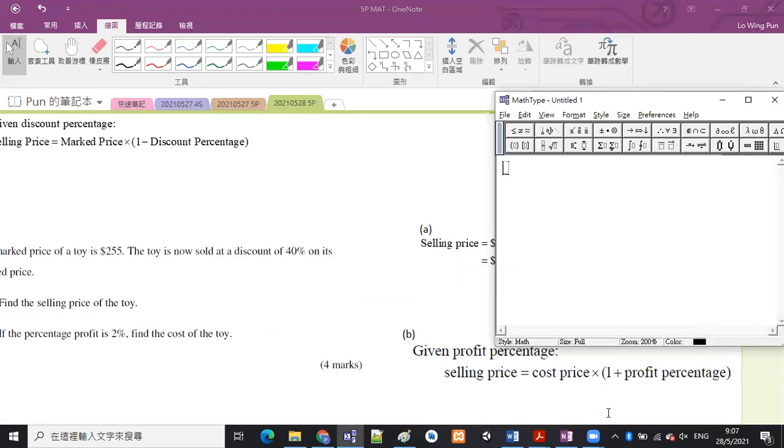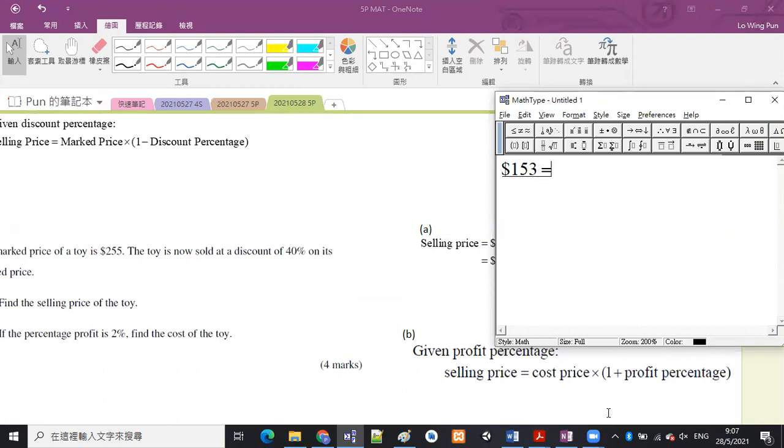We have already found the selling price in part A, which is $153, right? And it is equal to the cost price, which is what we want to find. So we may just let C be the cost price. In the DSE exam, we do not need to write down the let statement.